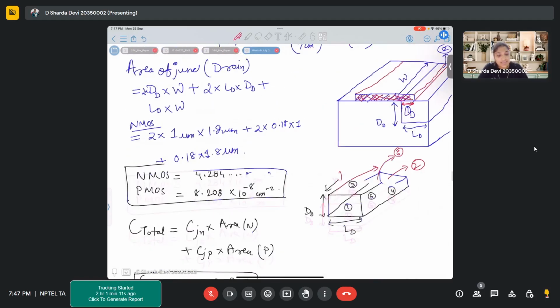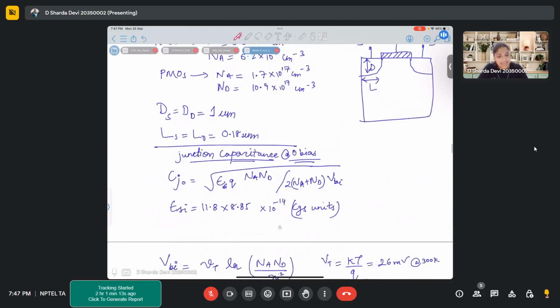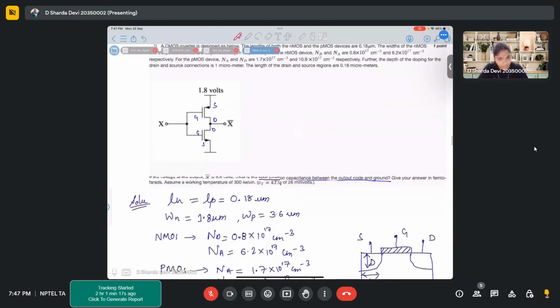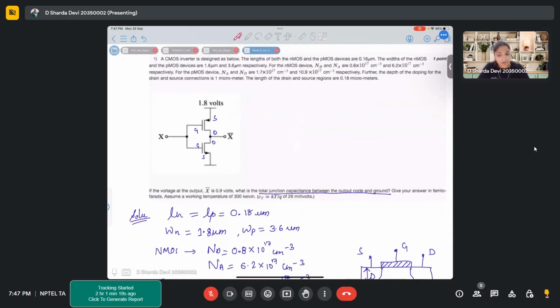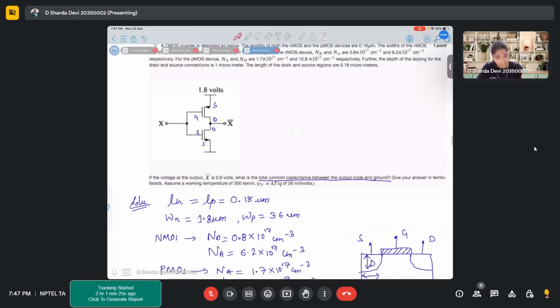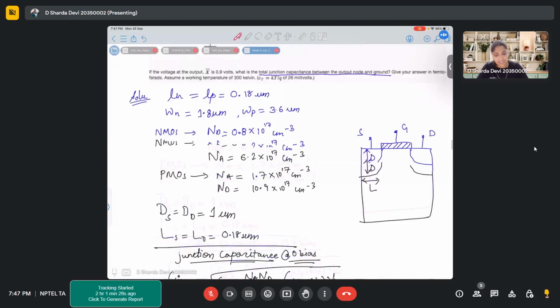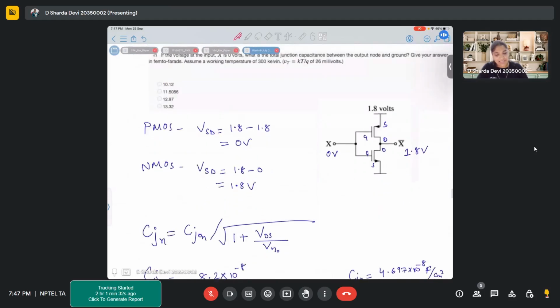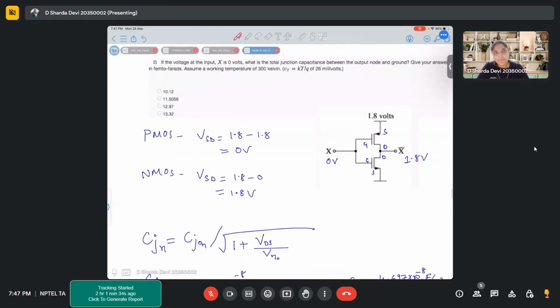Earlier, your output was at 0.9 volts, and nothing was mentioned about the input. But in the second question, the input is at 0 volts, and we know this is an inverter, so the output will be VDD.